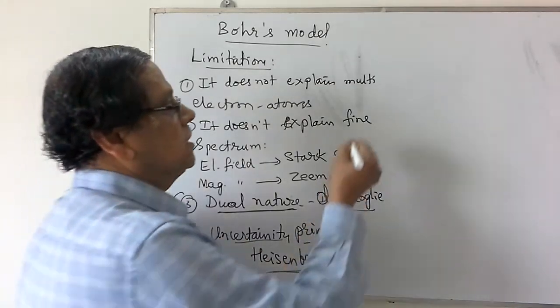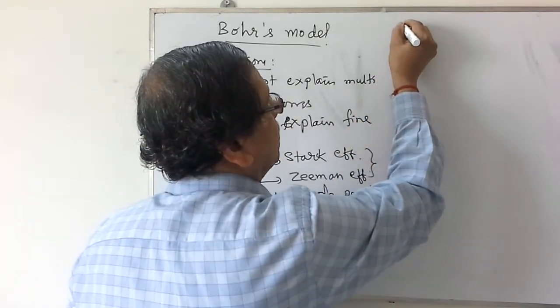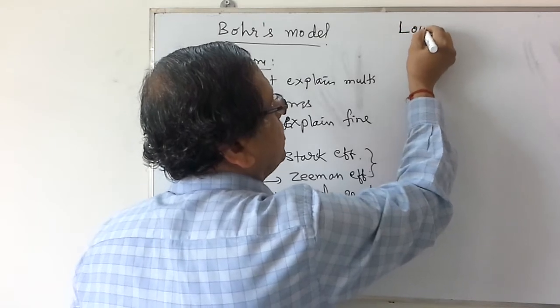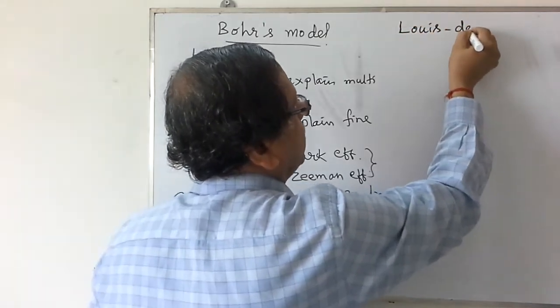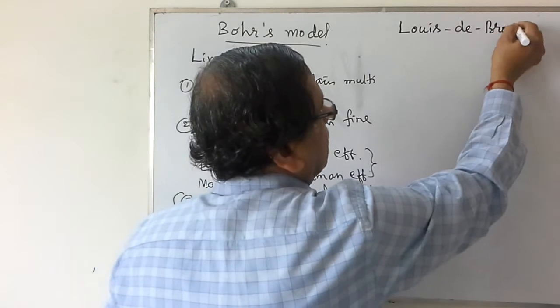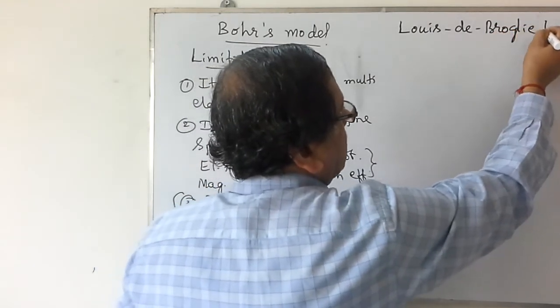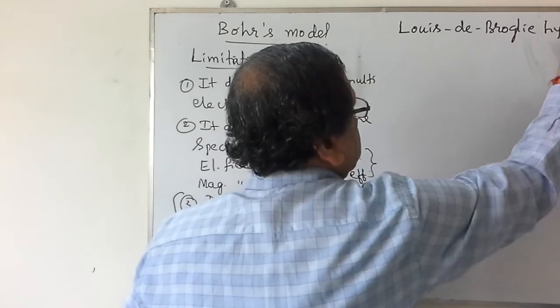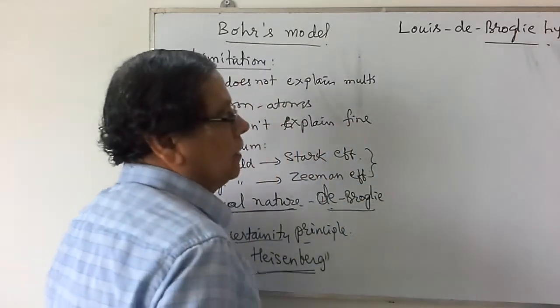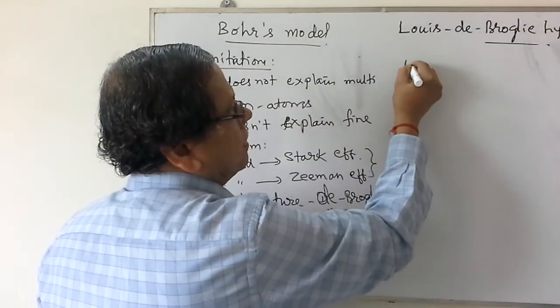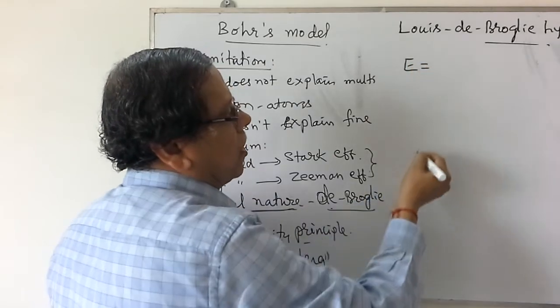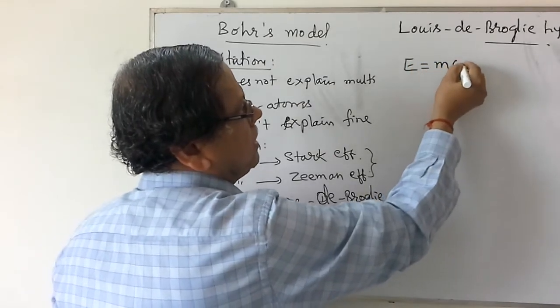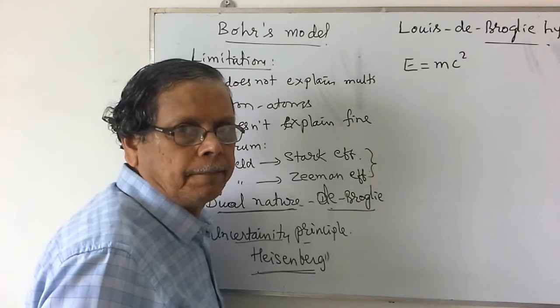When we consider this dual nature of electron, we have this Louis de-Broglie hypothesis. If you consider this electron energy, according to Einstein's equation, we have this E is equal to mc square.